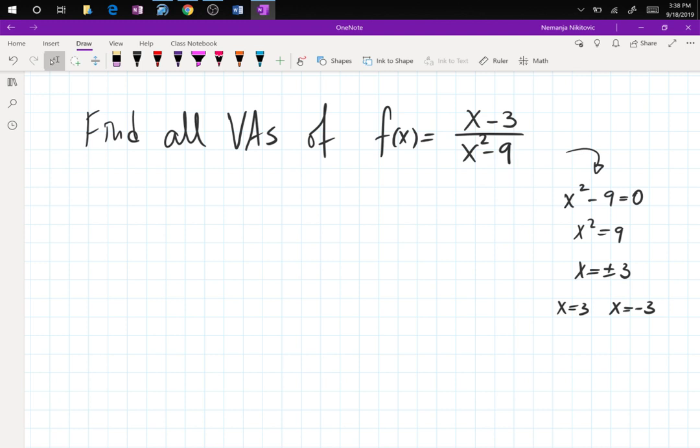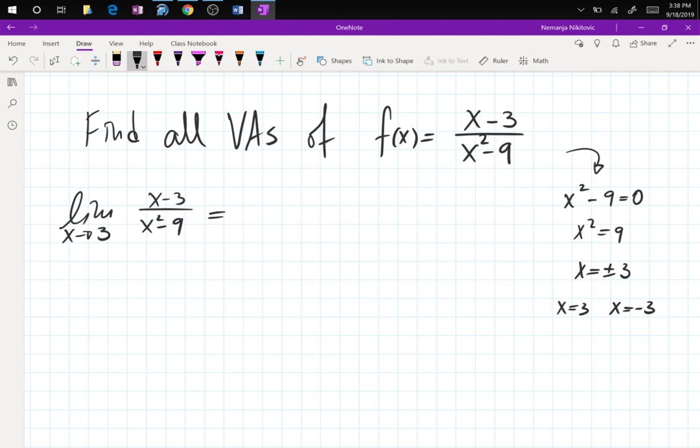Let's prove why. We're going to use our definition of the asymptote to see if both of these values, x equals 3 and x equals negative 3, give us a vertical asymptote, in fact. So the first order of business is to check. Let's go with 3 first. The limit as x goes to 3 of x minus 3 over x squared minus 9.